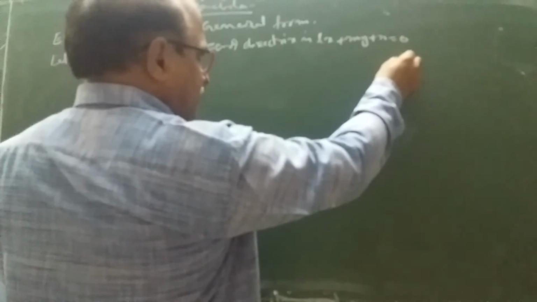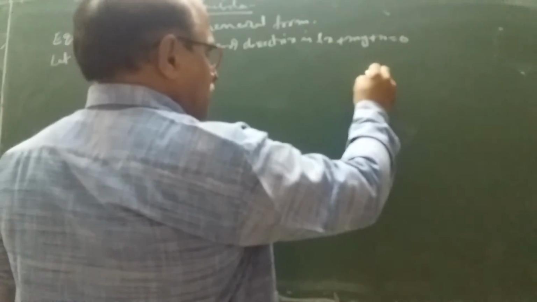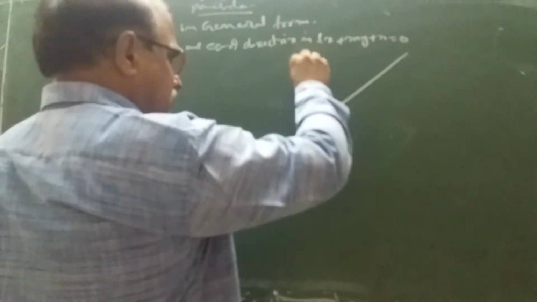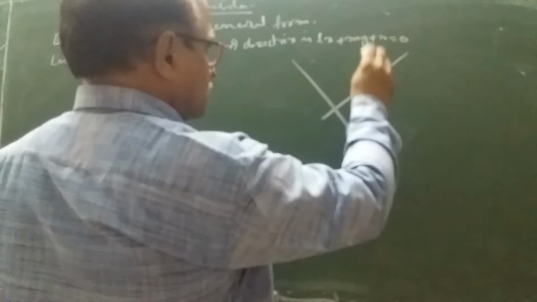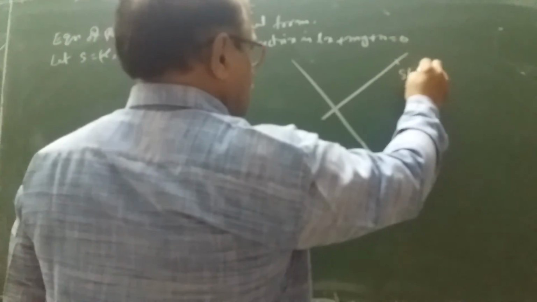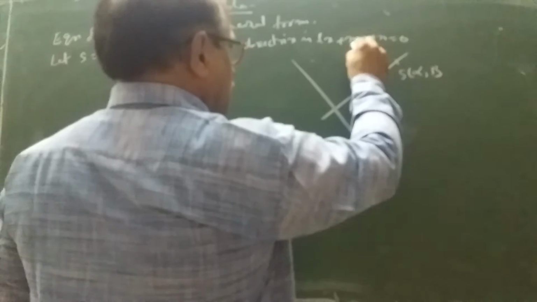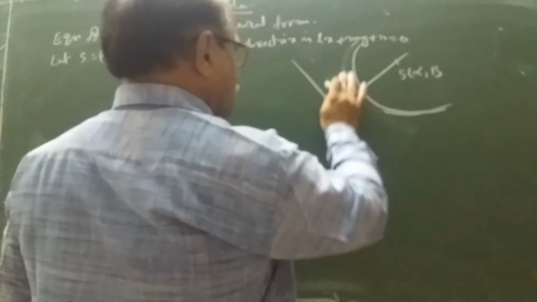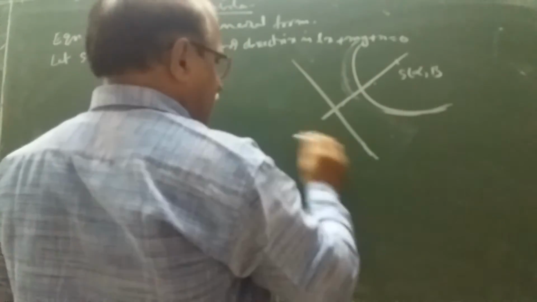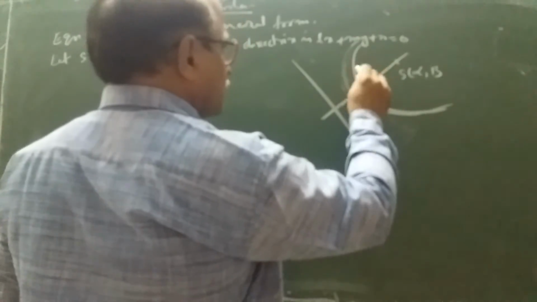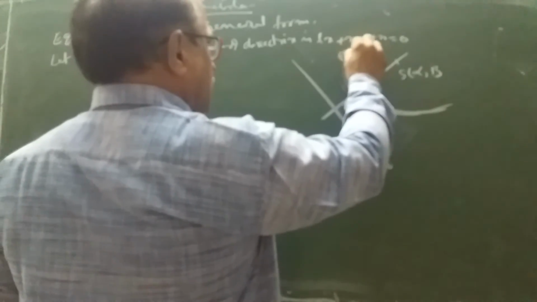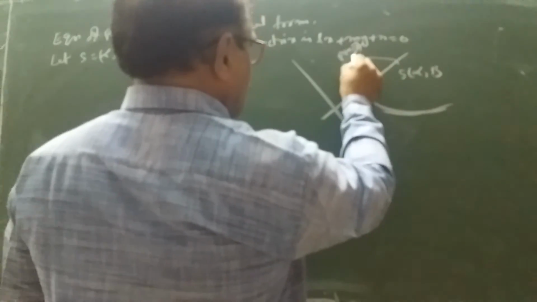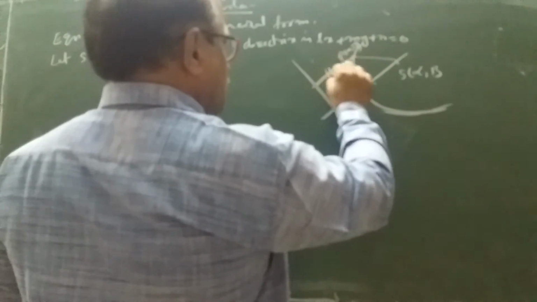If we draw a figure, S is (alpha, beta), this is L = 0, and P(x, y) is any point on the parabola. Then by the definition these two are equal.